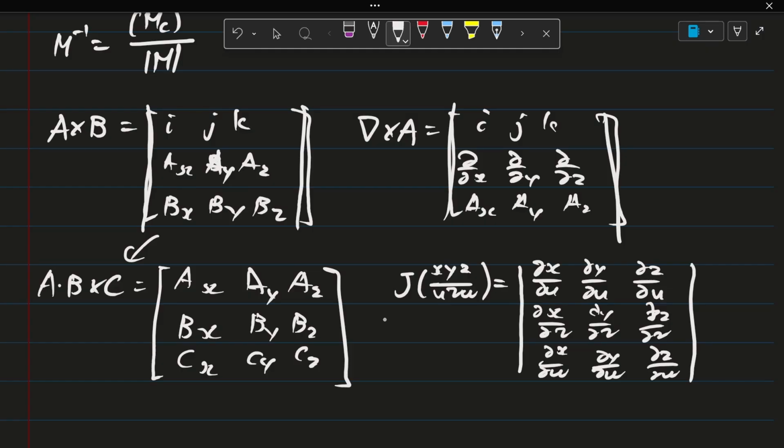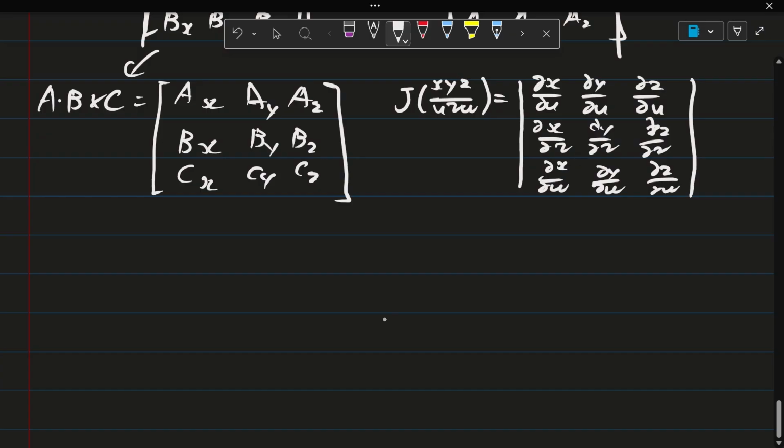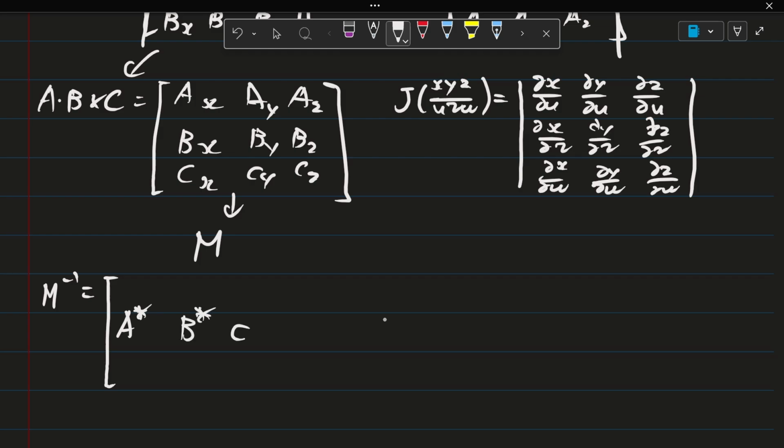So let's take this to be the matrix M. And we could define an M inverse, which is going to correspond to column vectors of A reciprocal, B reciprocal, and C reciprocal in the columns. So it's like that, A star, B star, C star, and this is XYZ.